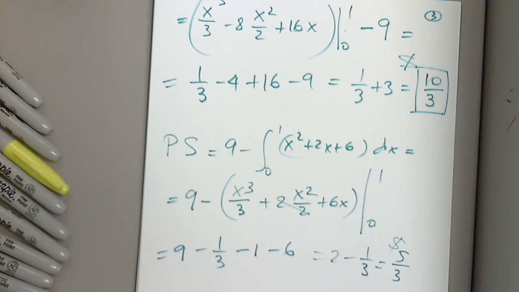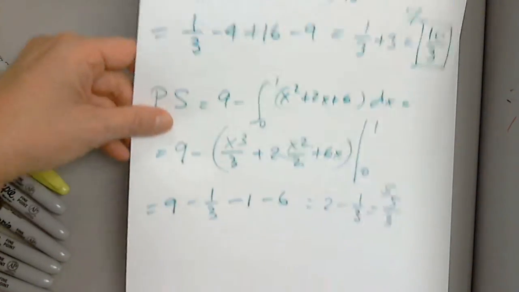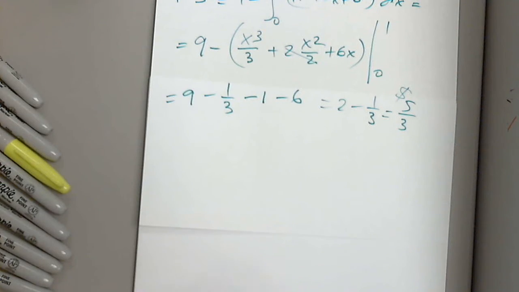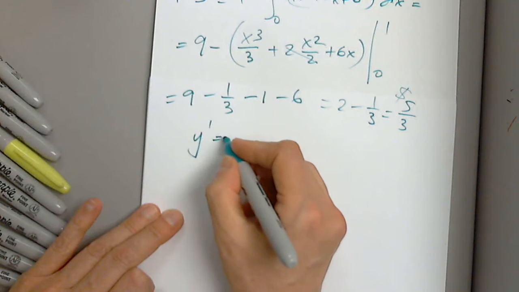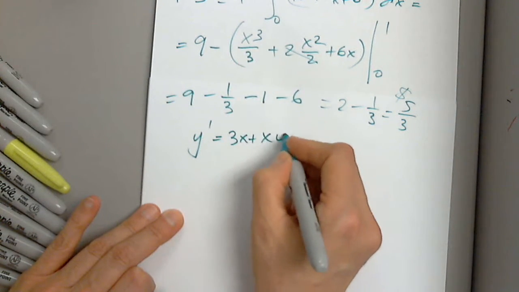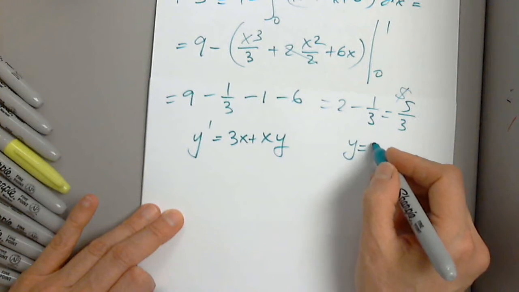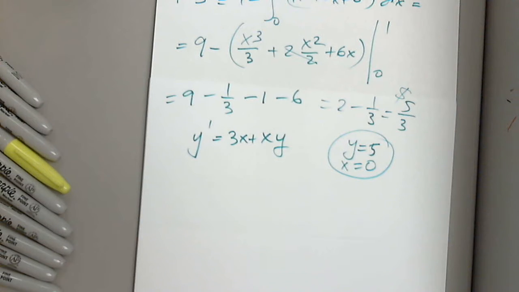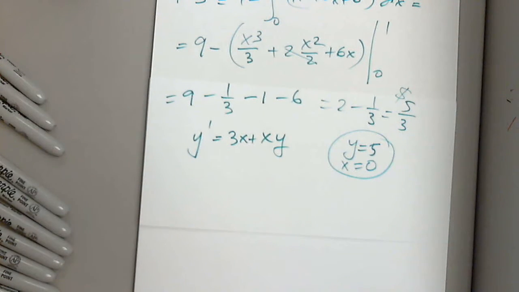Okay, number 13. Any questions? Okay, so let's look at 13. In 13, we have a differential equation. So we are given y prime equals 3x plus xy, and we are told that y equals 5 when x equals 0. So is there another way of writing y prime?